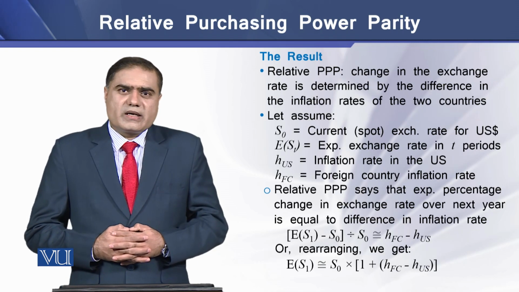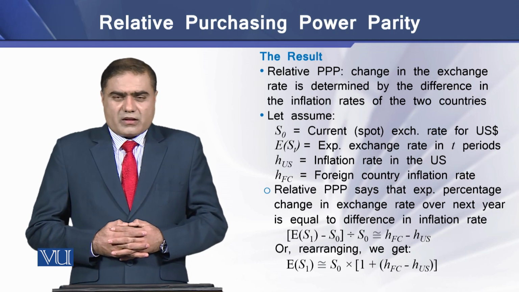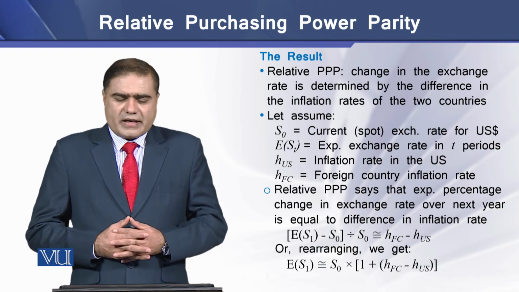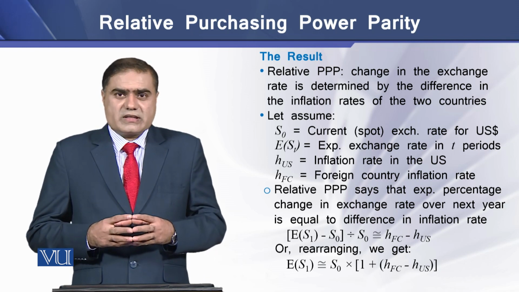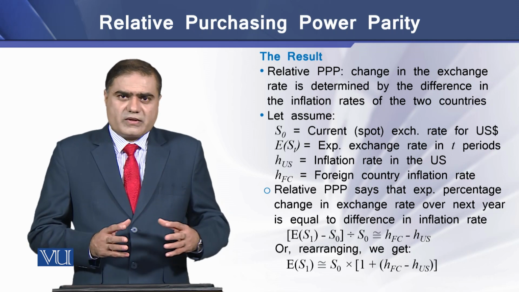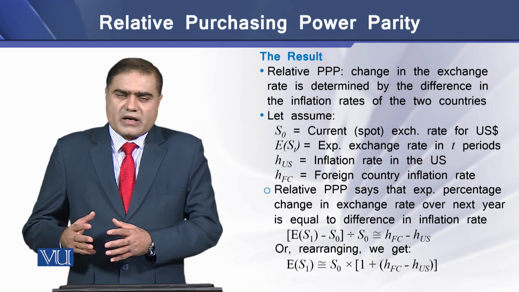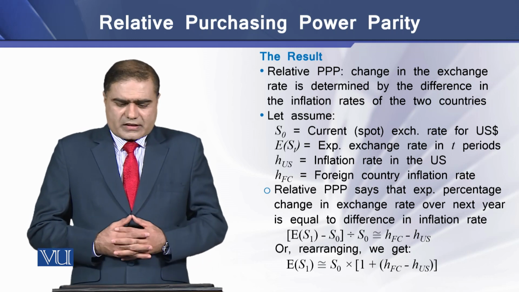So what is the result? We see that relative purchasing power parity says that changes in the exchange rate are determined by differences in the inflation rates of the two countries, and that we have seen earlier. Let's see another example.